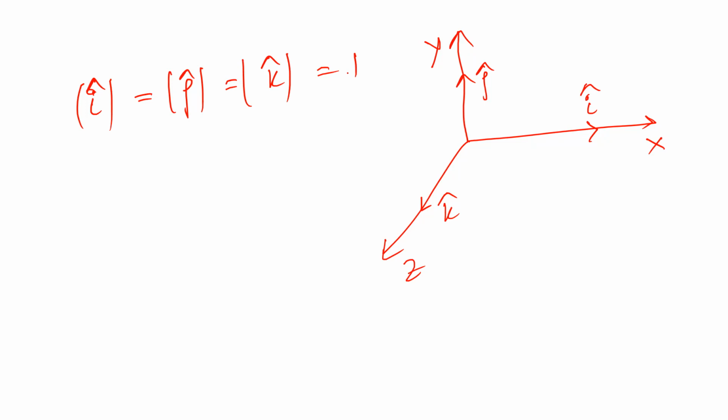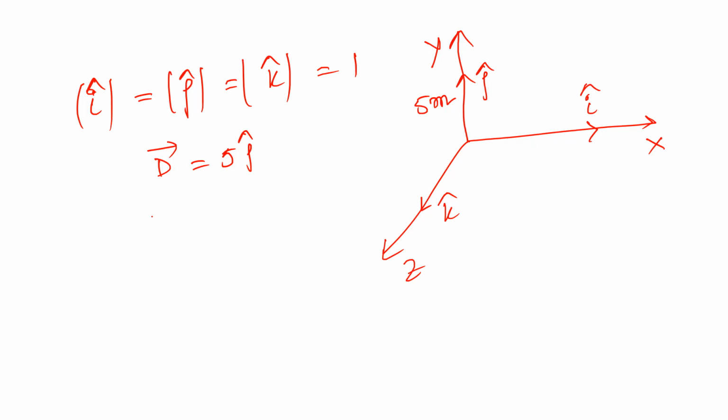Suppose I am writing down the displacement of a particular object. It is represented as d vector. Along the y-axis, the displacement is 5 meter. So how to represent that in vector form? Along the y-axis, the unit vector is j cap, and it will be represented as 5 j cap.